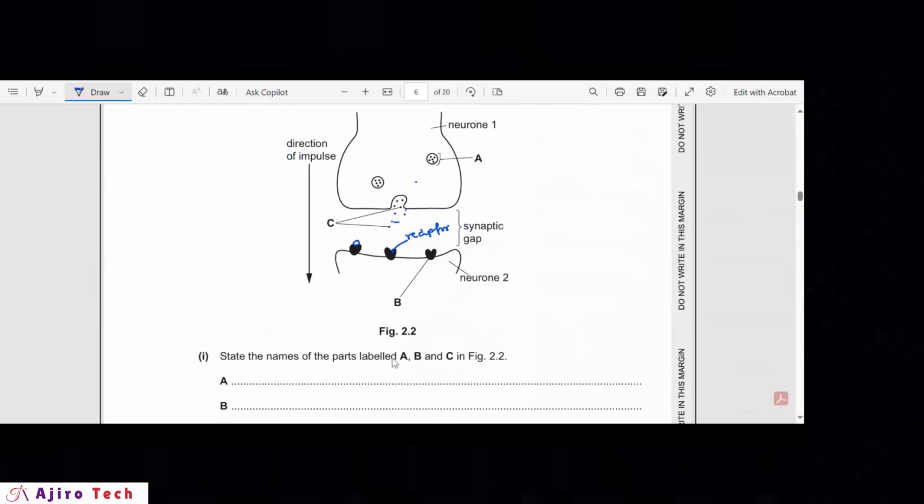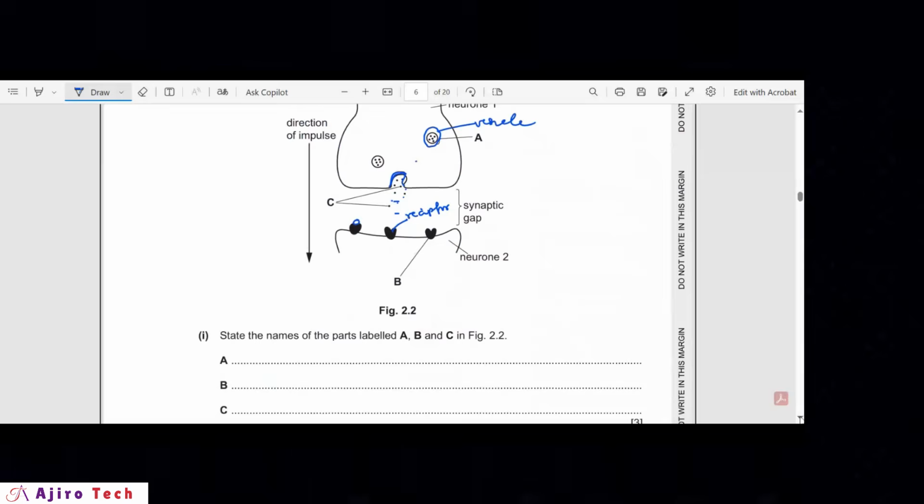So to state the names of the parts labeled A, B, and C, of course, the neurotransmitter is contained in a vesicle. The vesicle fuses with the membrane to release the neurotransmitter into the synaptic gap. And then the neurotransmitter binds to its receptor.